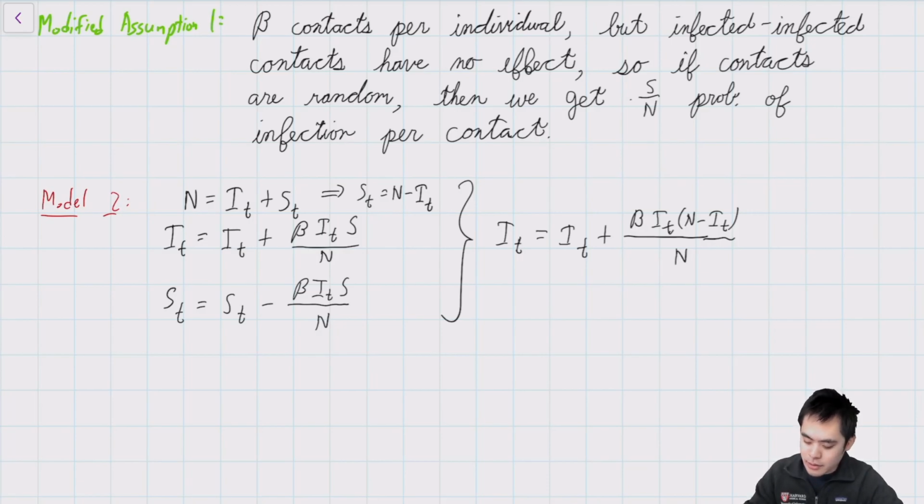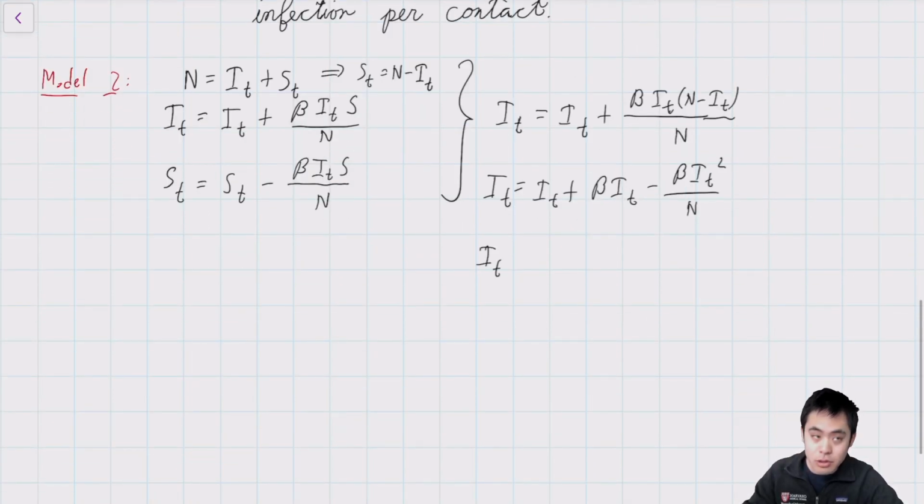And we also get that I_{t+1} is equal to I_t plus, I'm going to rewrite it a little bit, beta I_t minus beta I_t squared divided by N. And let's rewrite it even a little bit more.